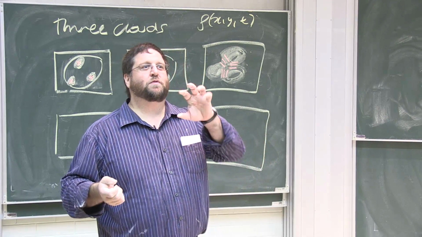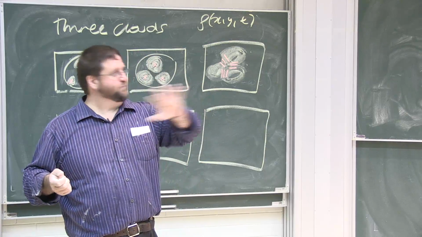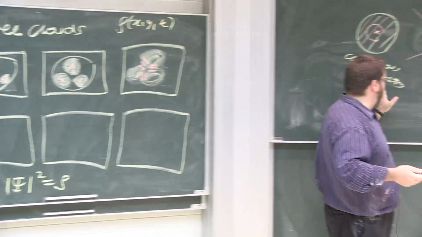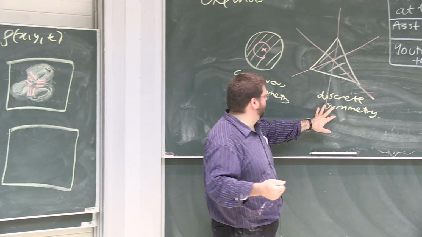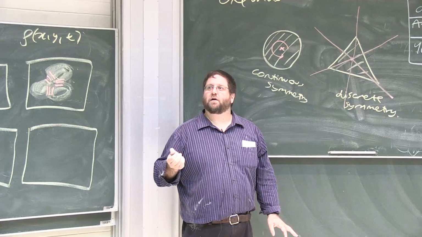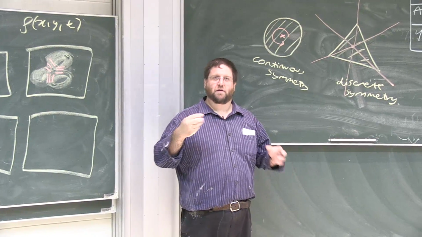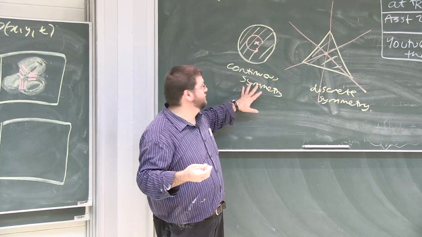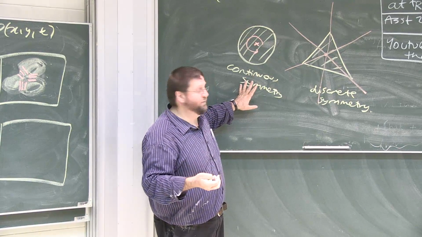What word was common to both explanations of the symmetry of the circle, the continuous symmetry, and the discrete symmetry of the triangle? Rotation and reflection. So this object was unchanged under a certain operation, which happened to be rotation.